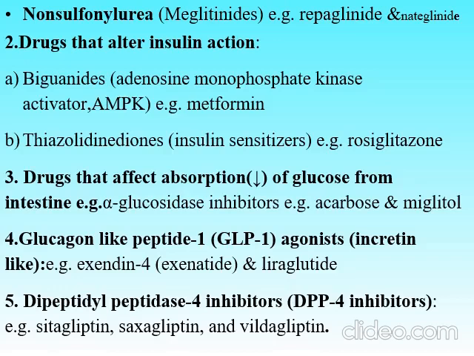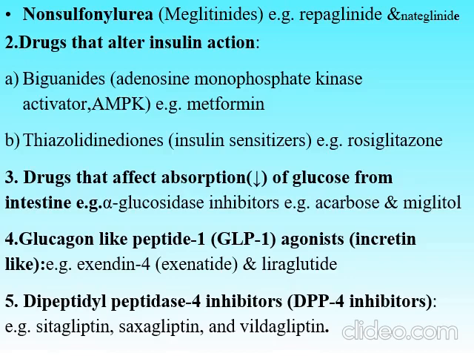This biguanide acts by activation of adenosine monophosphate kinase protein. Example, Metformin. The second group improves the insulin sensitivity, and is named insulin sensitizers, thiazolidinediones. Example, rosiglitazone.